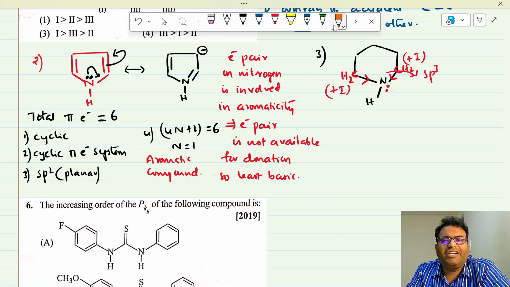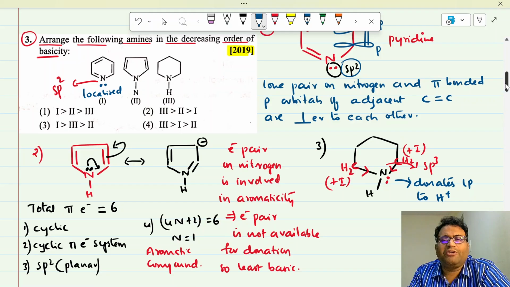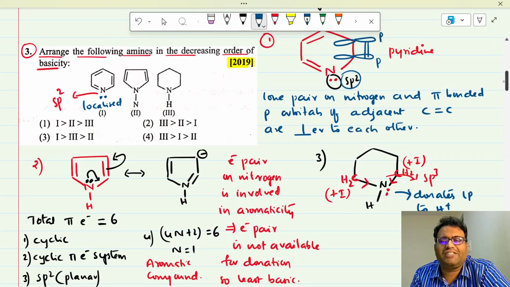So it donates this lone pair to H plus because availability is more. As two plus I groups are pushing the electron density towards nitrogen, the lone pair electron density increases, so it will donate.